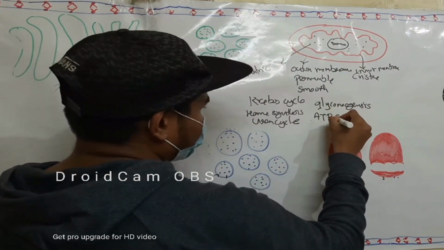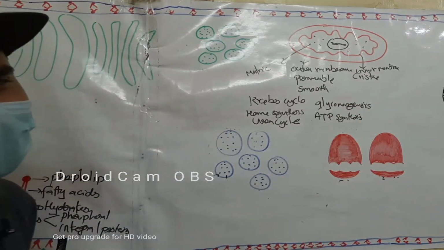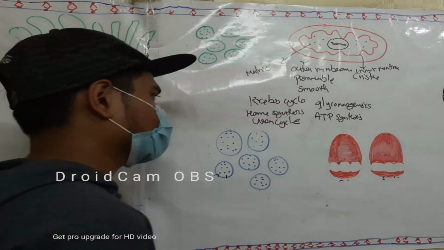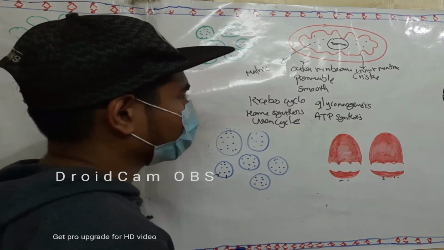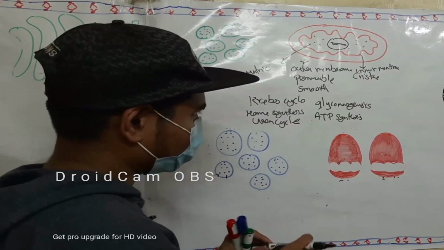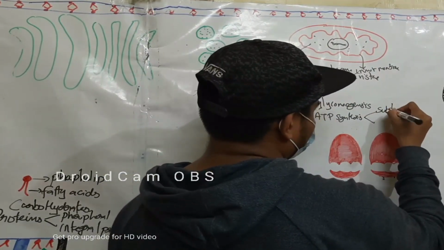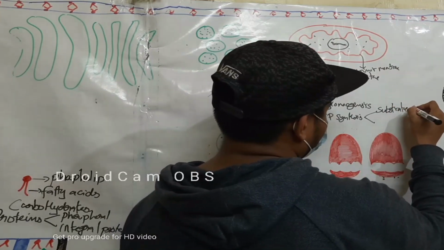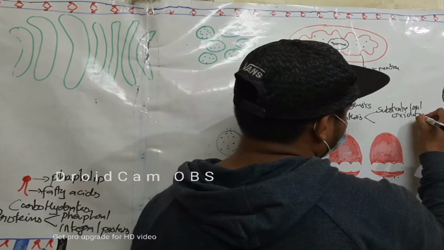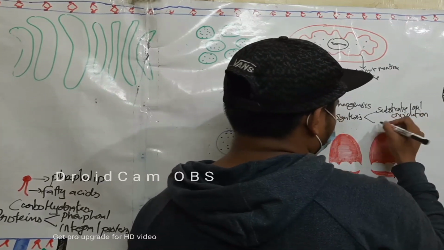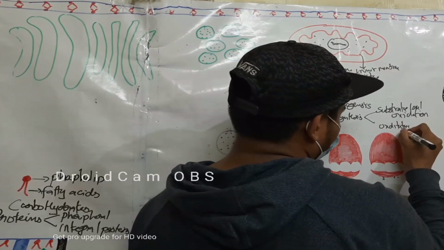The ATP synthesis in mitochondria occurs by two different pathways. These are substrate level phosphorylation and oxidative phosphorylation.